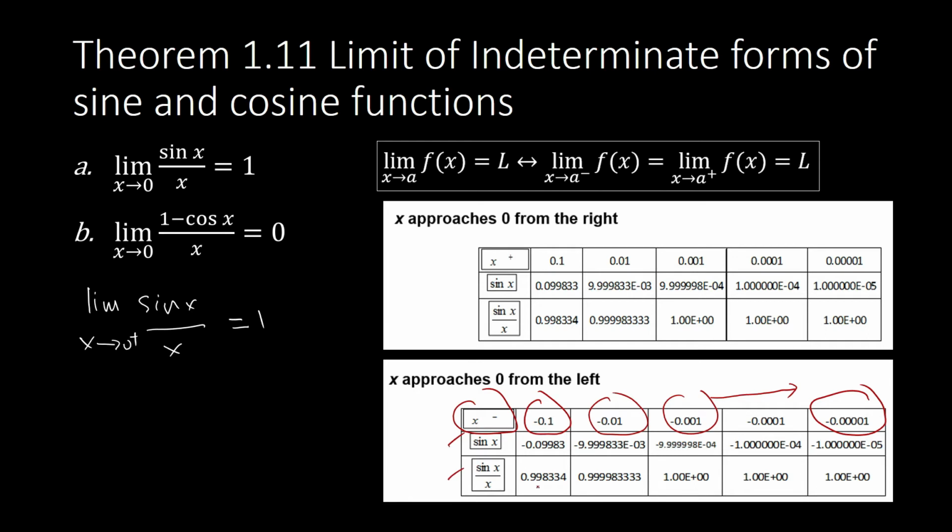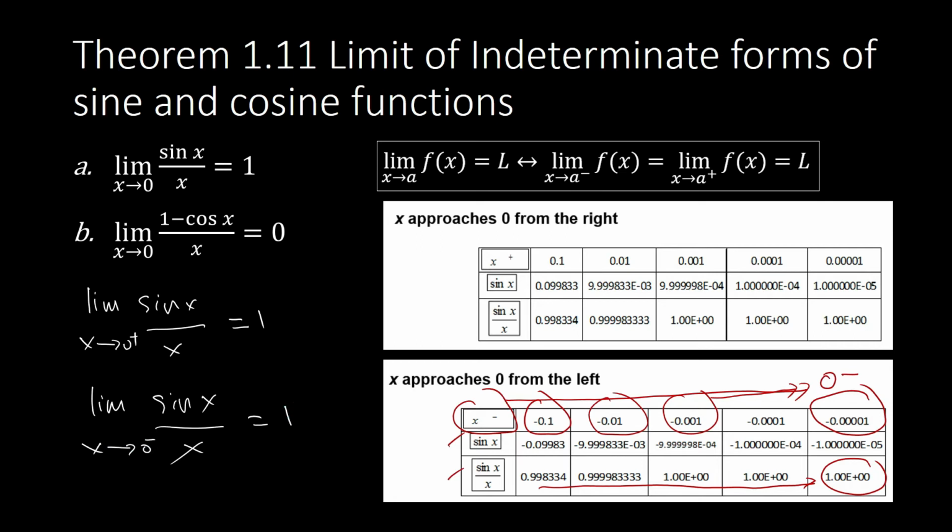Look at what's happening here. As x approaches 0 from the left, the value of our function approaches 1. Conclusion: since the one-sided limits are equal to the real number 1, the limit of our function exists and it is equal to 1.